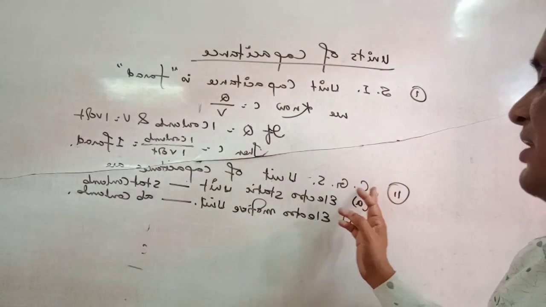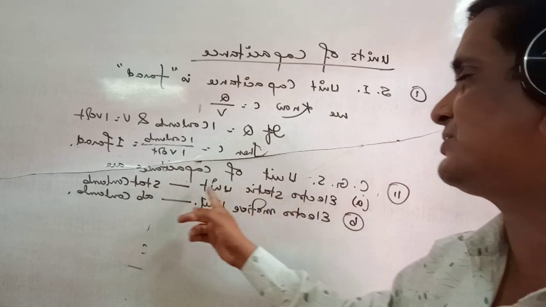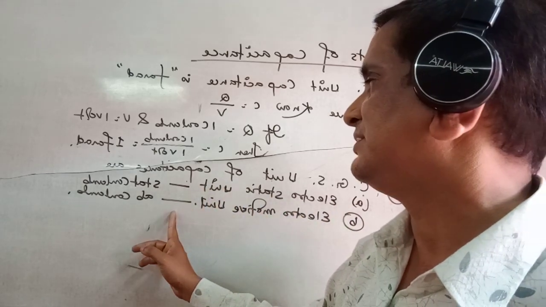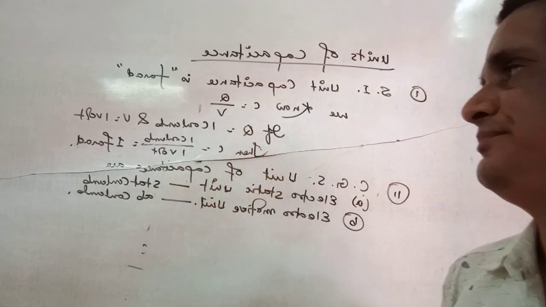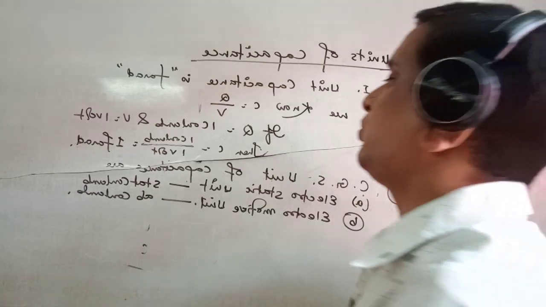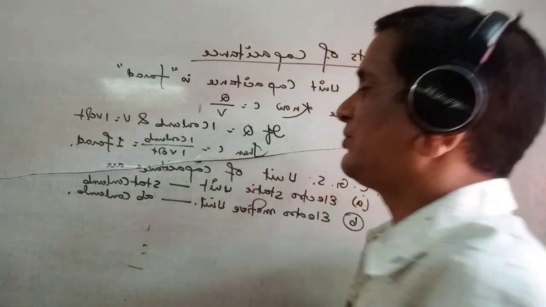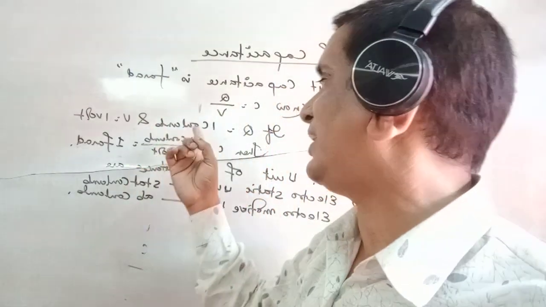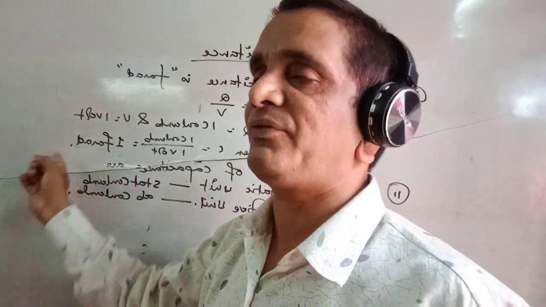And the units of capacitance are of two types. One is known as the electrostatic unit, another is known as the electromagnetic unit. Similarly, if Q equals 1 stat coulomb and V equals 1 stat volt, then capacitance C equals 1 stat coulomb by 1 stat volt, which is 1 stat farad.